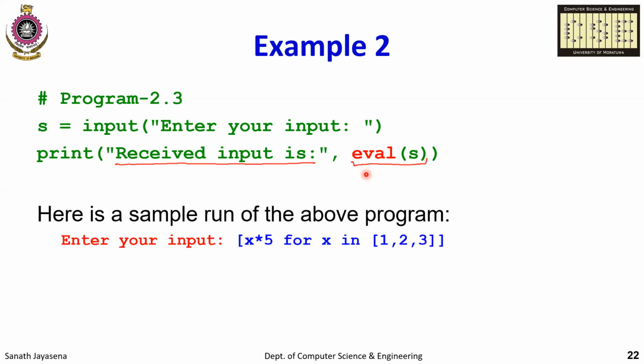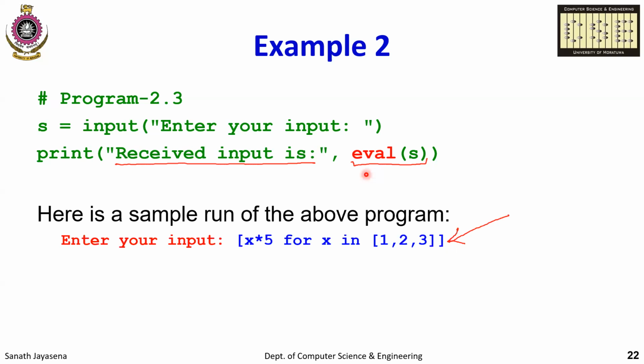At the bottom you can see a sample execution. At the prompt, enter your input, this user has simply typed this. This you may not perhaps understand, but don't worry, because we have not yet discussed these things.